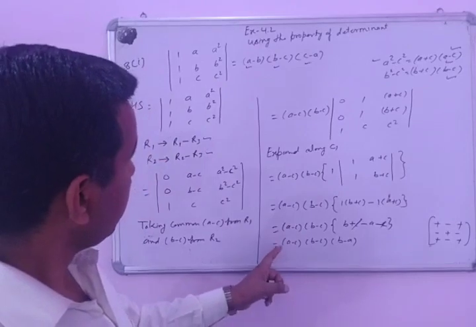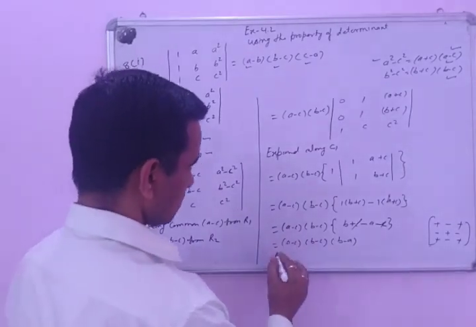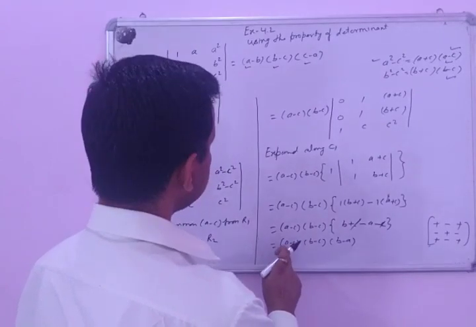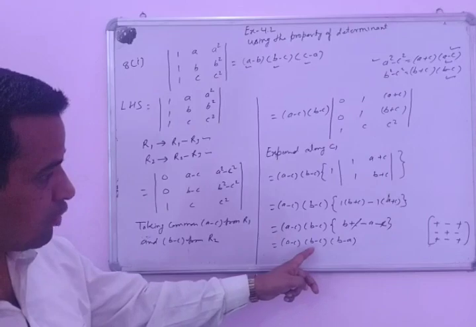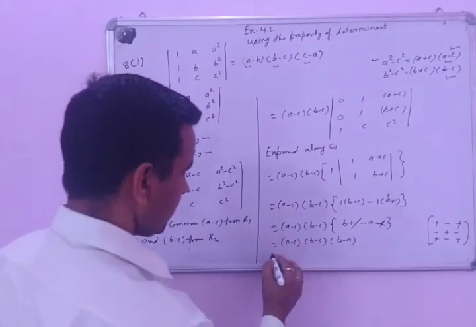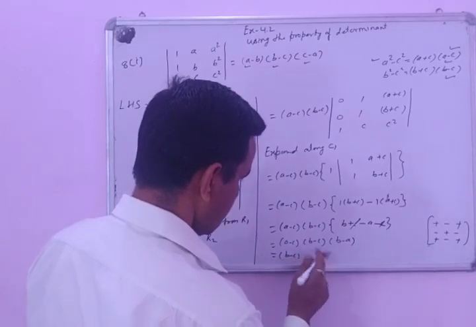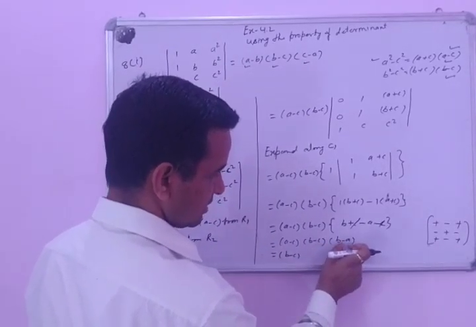So then I take the common factors and correct it. Taking the minus sign common here and the minus sign common here, this will be b minus c here. B minus c will not change. Taking the minus sign common, minus minus becomes plus.